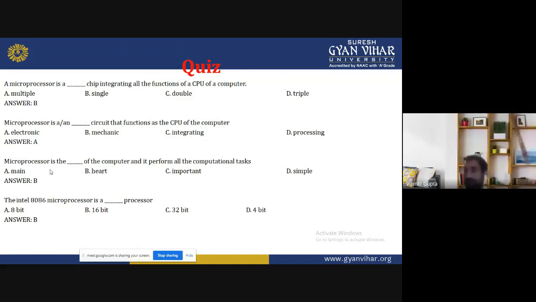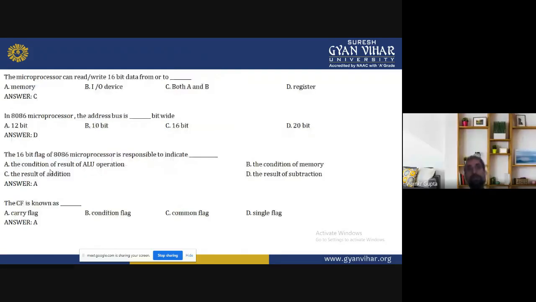The microprocessor can read or write 16-bit data from or to memory and input output devices. If we talk about the 8085, it is 8-bit or 16-bit data. In both places we can perform read and write operations. So both A and B are the correct answer.